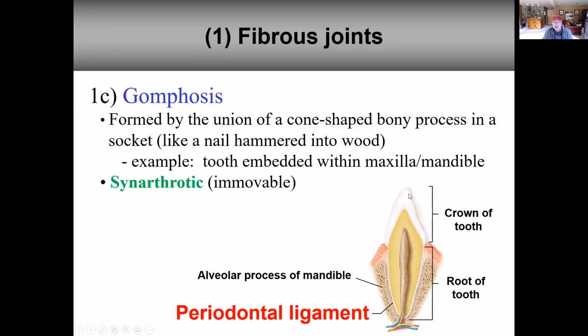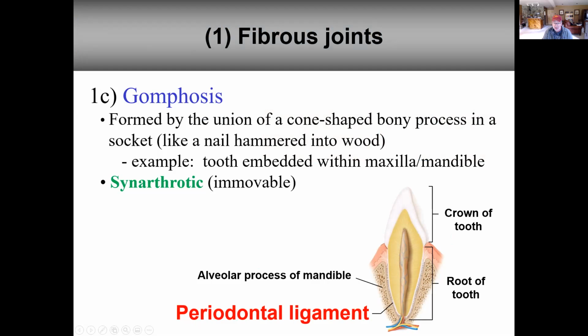And of course, you see here a diagram of what looks to be a canine tooth, and where the tooth embeds itself within the maxilla or the mandible, you can see the spongy bone and compact bone of the mandible or maxilla, but between the bone and the tooth is a fibrous connective tissue we call the periodontal ligament.